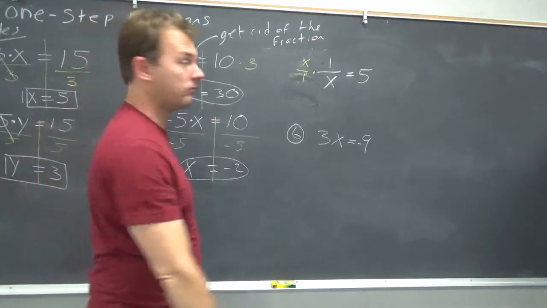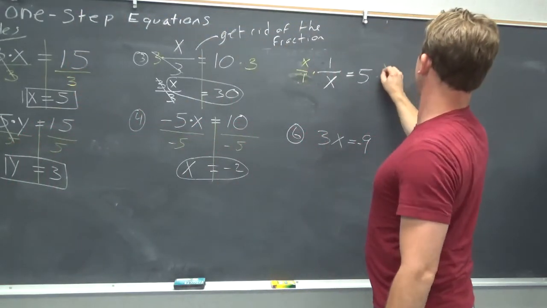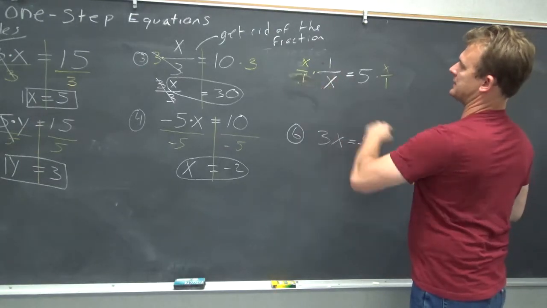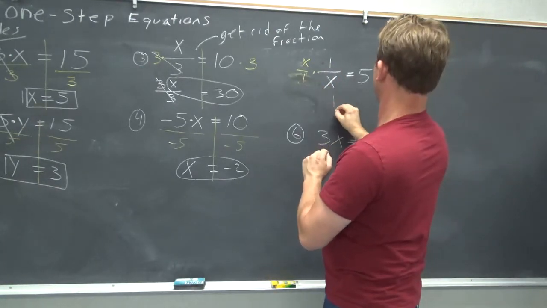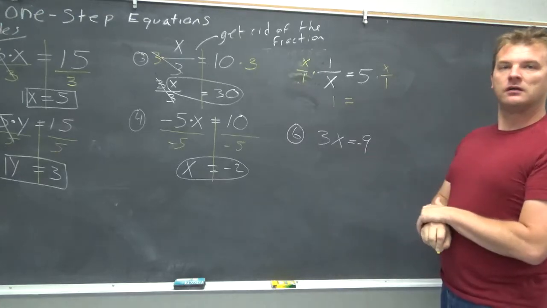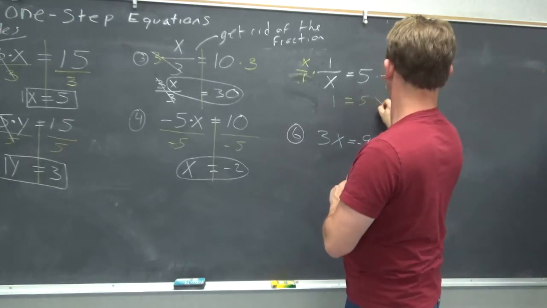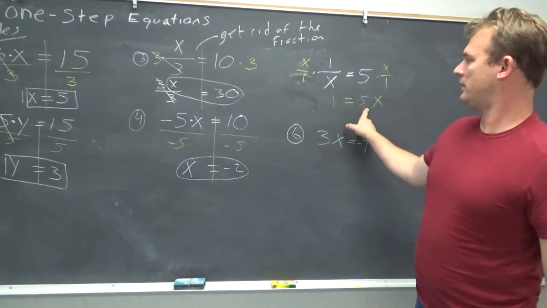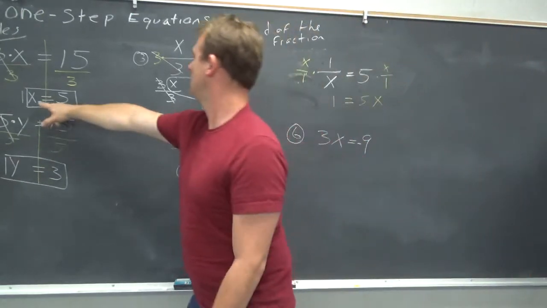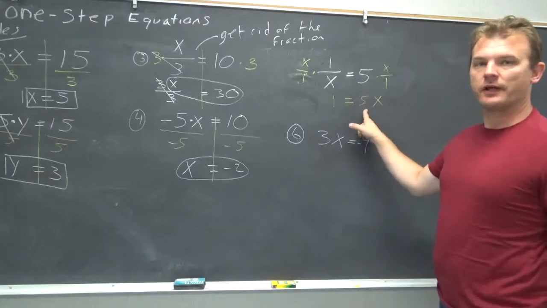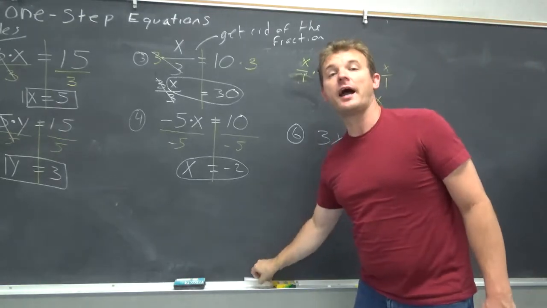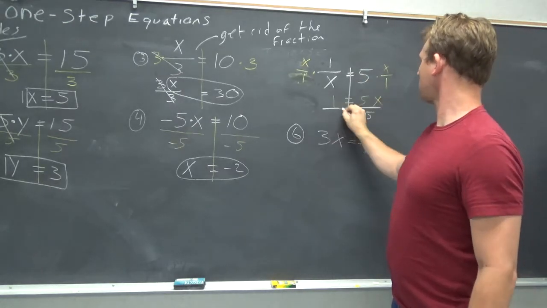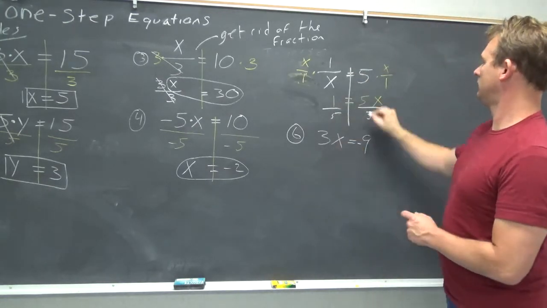Can we do that? Can we do the same thing here? Well, let's see. This is x, this is x. This goes down to 1 equals 5x. And you'd be like, uh-oh, we didn't solve for x. So what's the next thing we're going to do? We're going to have to divide by 5.